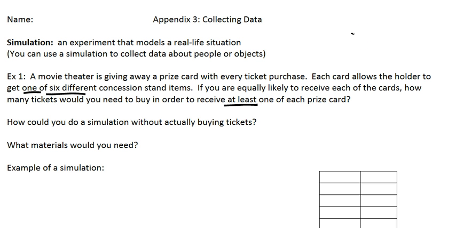The first question is, how could I do a simulation without actually buying tickets? And we could figure out the probability, because we've learned about that already, but to do a simulation, what I mean is we could use dice. We could draw numbers out of a hat.